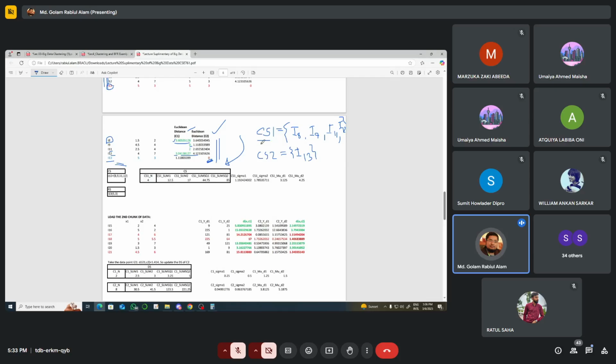Now we can see that in compressed set 1 we have 4 elements, and in compressed set 2 we have just one element. If we find something isolated, instead of a compressed set we rename it as the retained set.